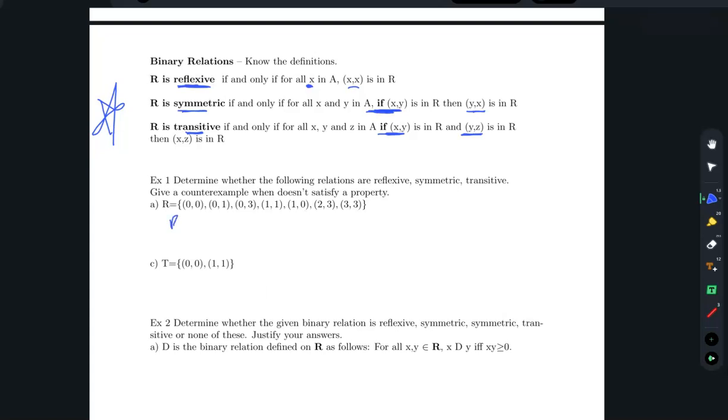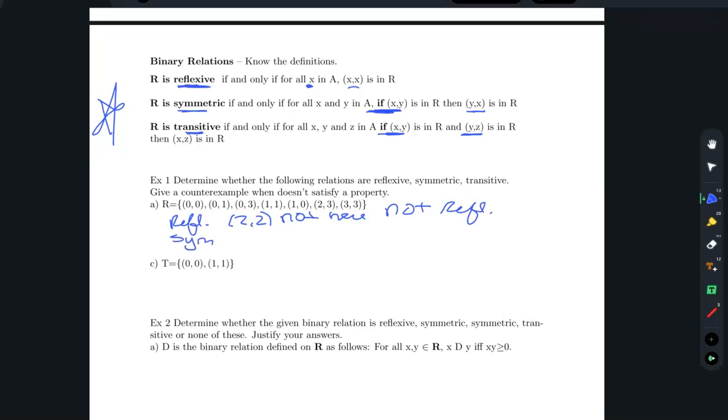All right, so looking for reflexive first, I see that I have (0, 0) and (1, 1). The elements in the set are 0, 1, and 2, but (2, 2) is not here, so not reflexive. Okay, let's look for symmetric.